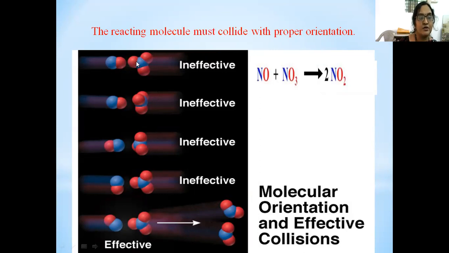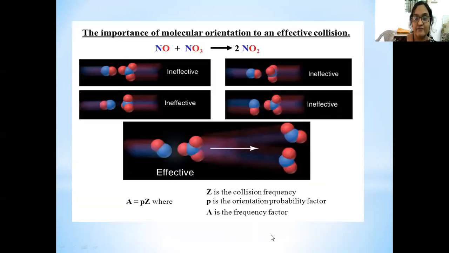In the same way, these other orientations are also ineffective collisions. But if the collision is like this, NO plus NO3 gives NO2, NO2. This is the proper orientation, the molecular orientation, and we call it an effective collision.